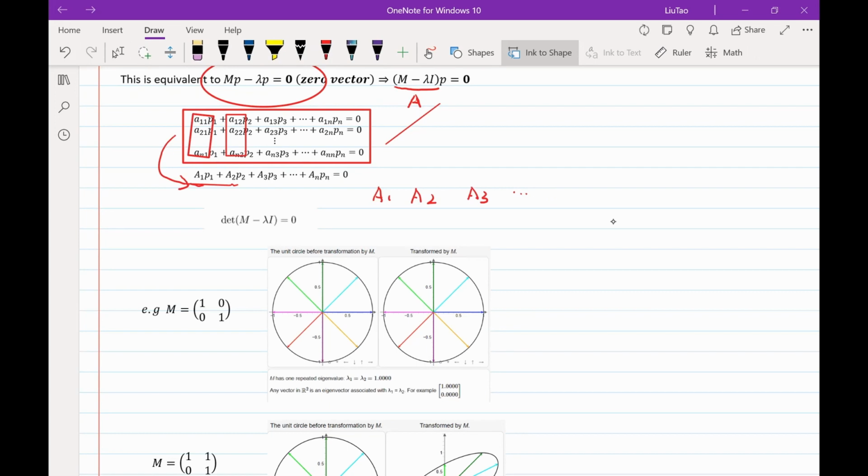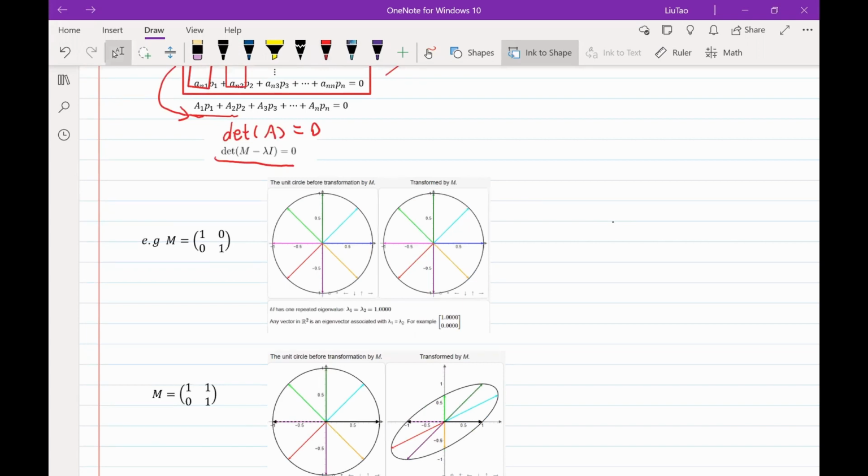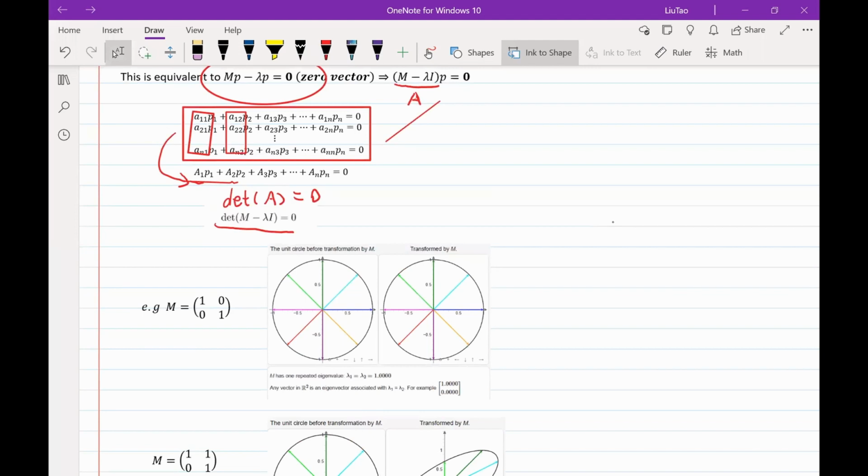If they are linearly dependent, the determinant of A is equal to 0. Then by solving this equation, we can find our eigenvectors and eigenvalues. And the equation involving M minus lambda I is called the characteristic equation.